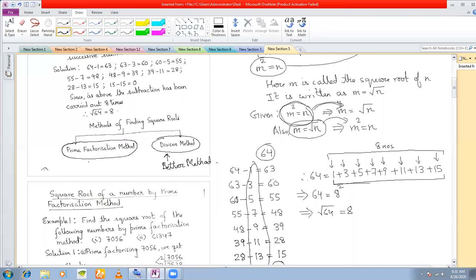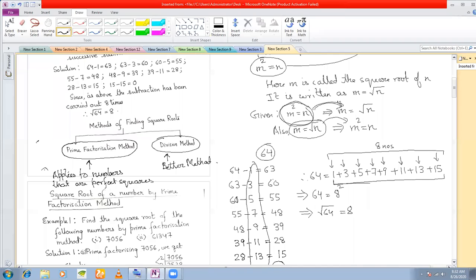But the prime factorization method applies only to numbers that are perfect squares. So prime factorization method, remember, applies only to numbers which are perfect squares.